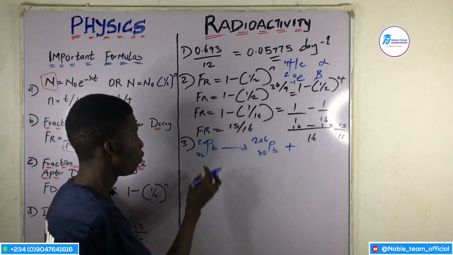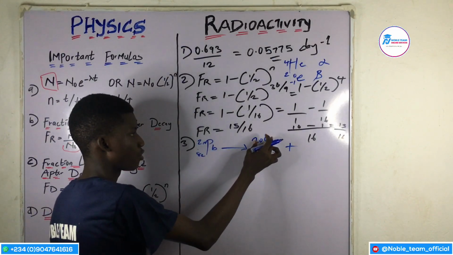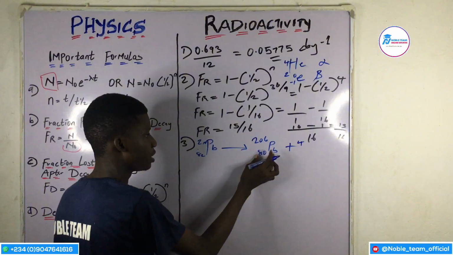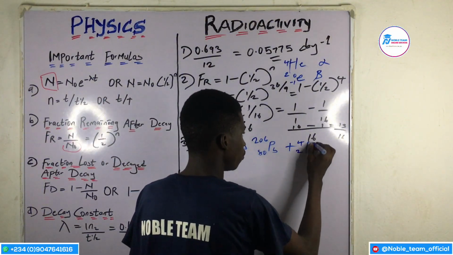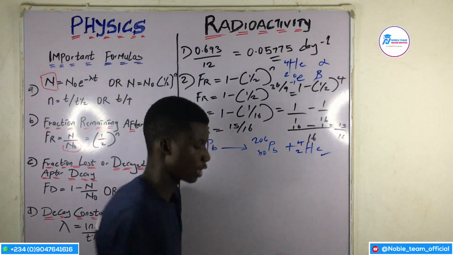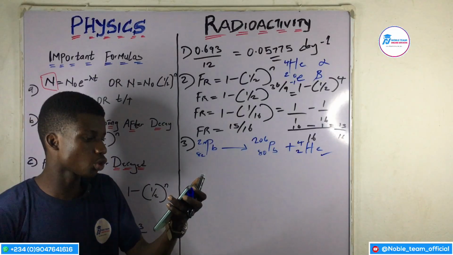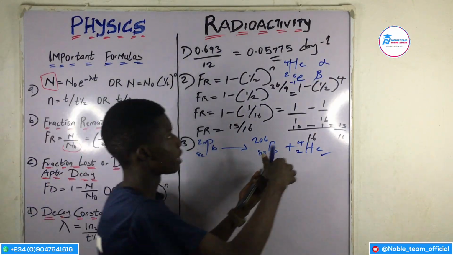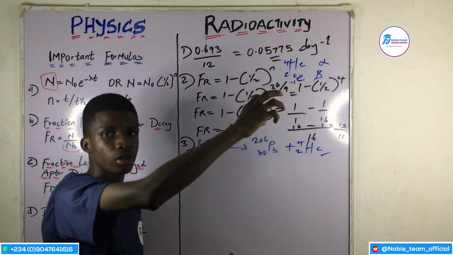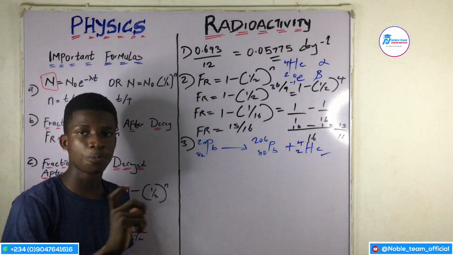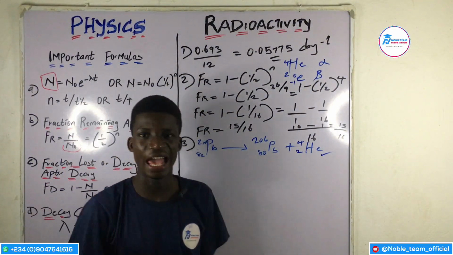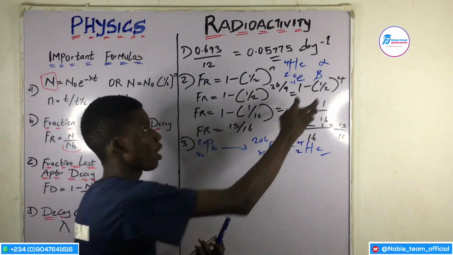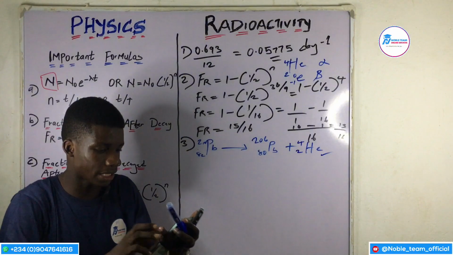When you subtract 206 from 210, you have 4, and when you subtract 80 from 82, you have 2. So we have an alpha particle. Looking at the options, D is correct. Look at the board: helium has mass number 4 and proton number 2. When you hear helium, they are talking only about alpha particle. When you see this, they are talking about beta particle.